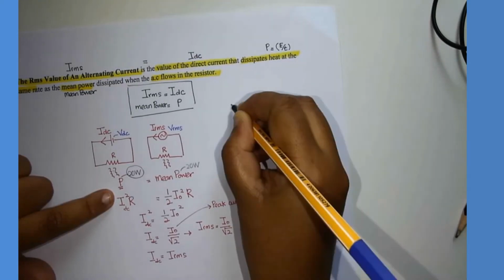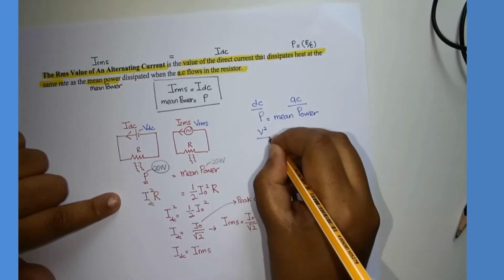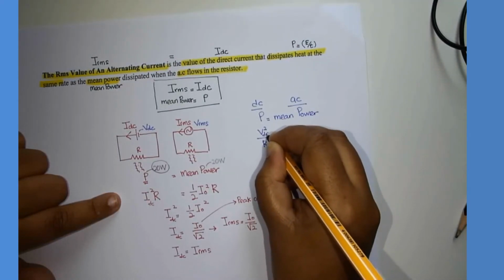This is AC, this is DC. So P is V square over R, which I'm going to put as VDC.